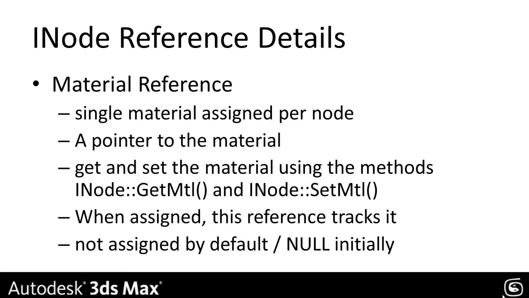And then the material reference, so there's basically a single material assigned per node, and this is a pointer to the material itself. Okay, so you can get and set the material using the methods GetMtl and SetMtl. And when assigned, the reference tracks it. So these are not assigned by default, null initially.